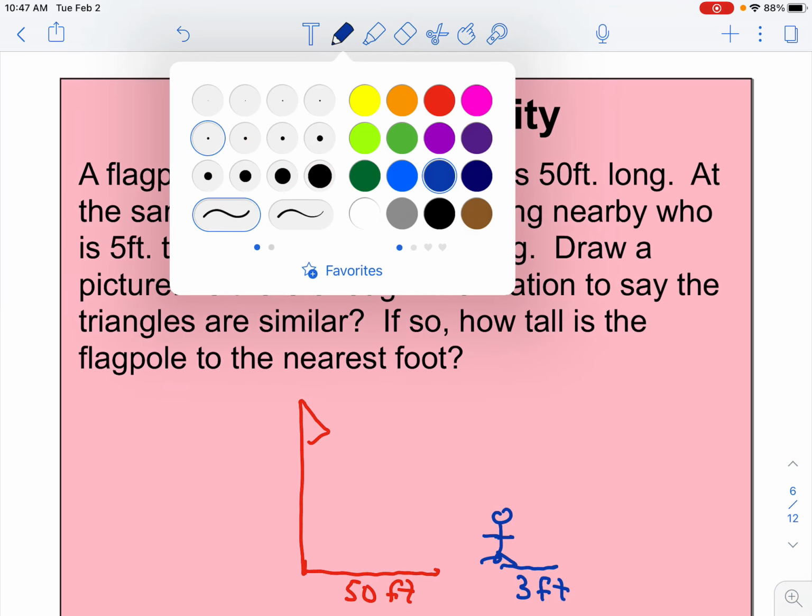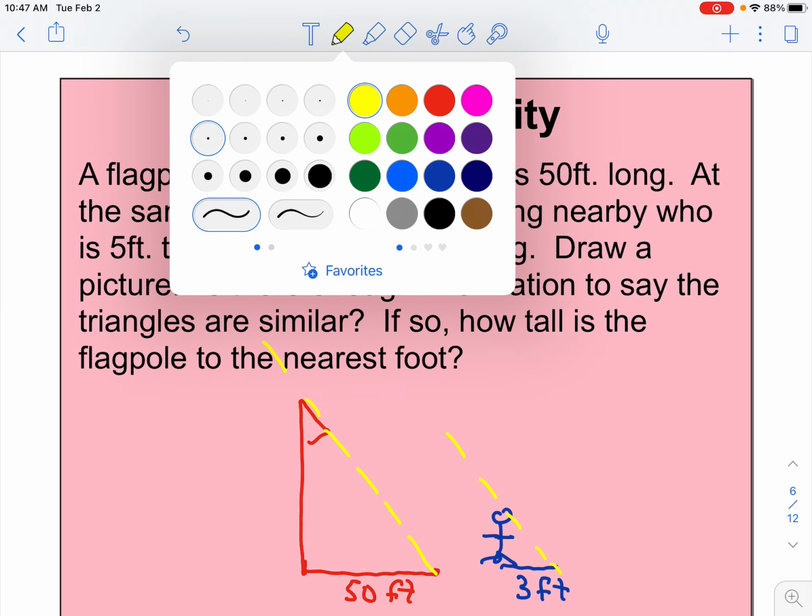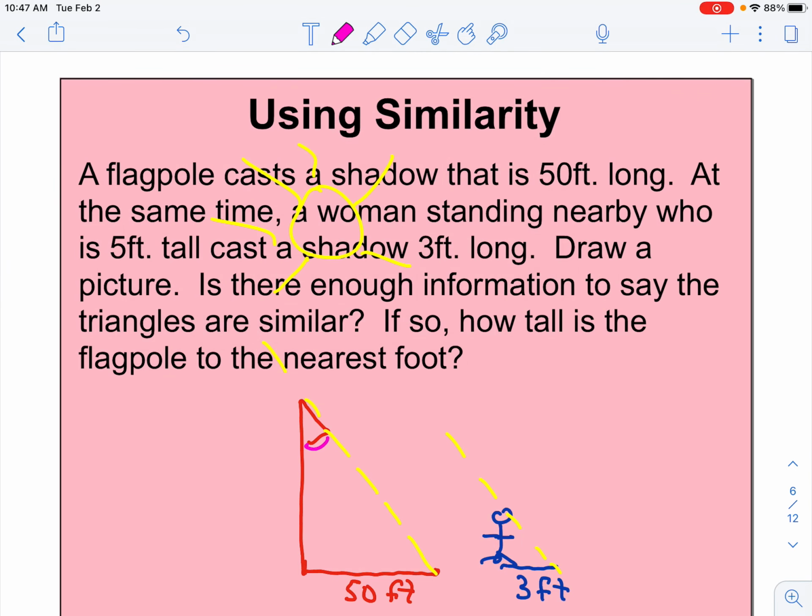Well, what triangles are we talking about? We have this sun shining in the sky, and when its rays come down, it hits the top of the flagpole and the top of the woman's head at the exact same angle. So this angle right here and this angle right here are the same.